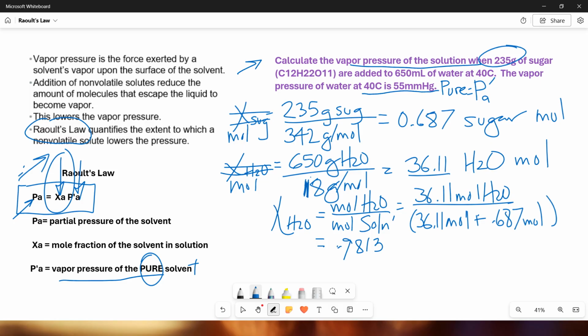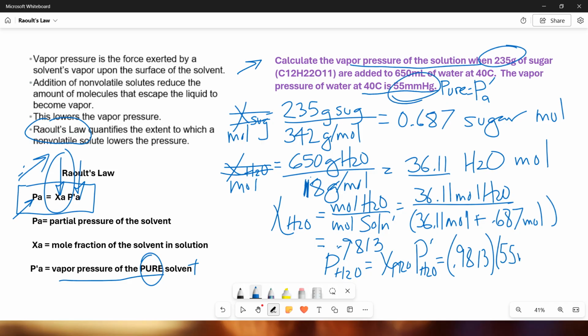So the pressure of the water is now going to be the mole fraction of that water times the partial pressure of the water. So if we plug in what we found, we have 0.9813 for the water, times what it is when it's pure, which is 55 millimeters of mercury. And so our final answer is going to come out to be 53.